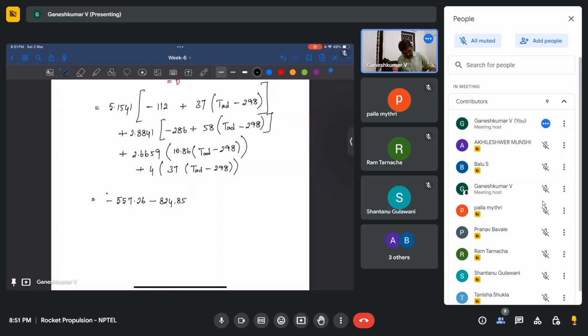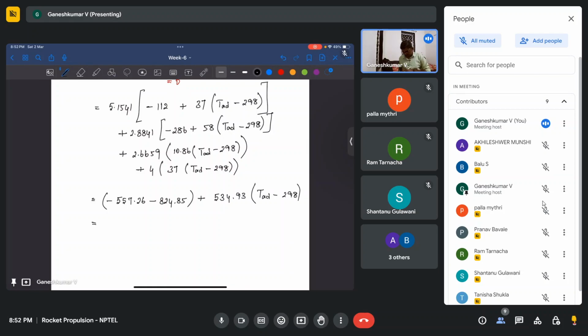This is the formation part, plus 37 into 5.1541 plus 2.8841 into 58 plus 2.6659 into 10.86 plus 4 into 37. So this is coming out to be something like 534.93 into T adiabatic minus 298.